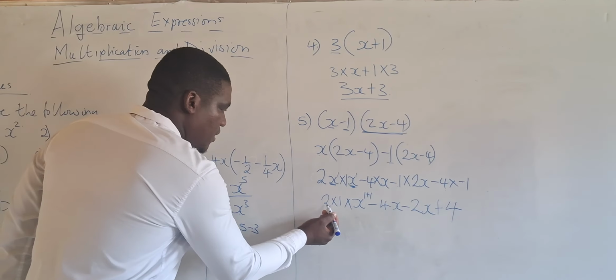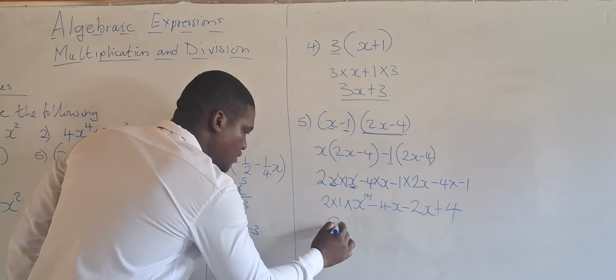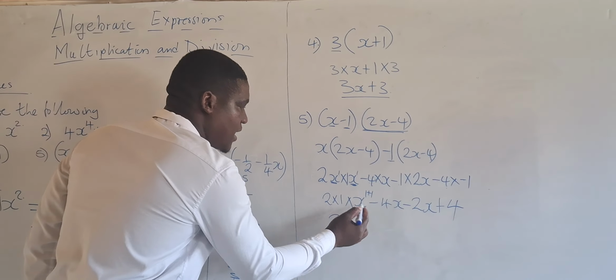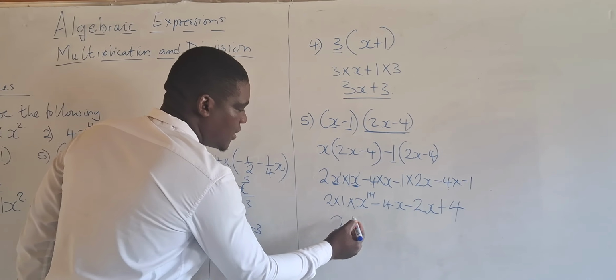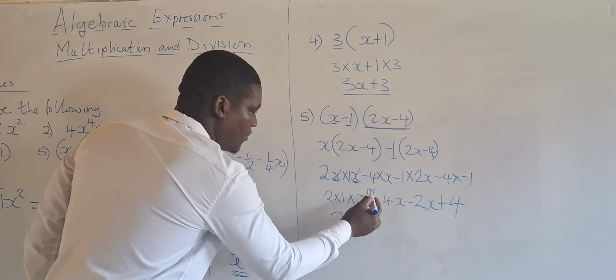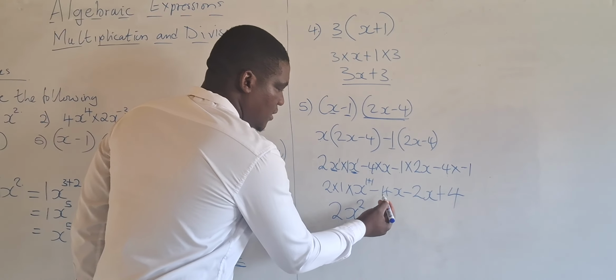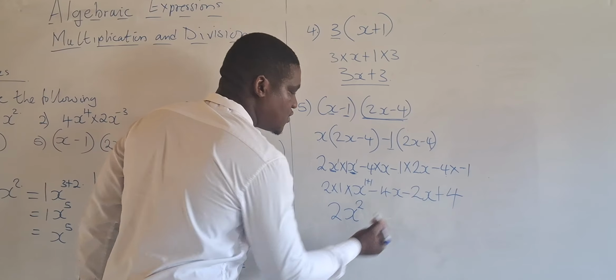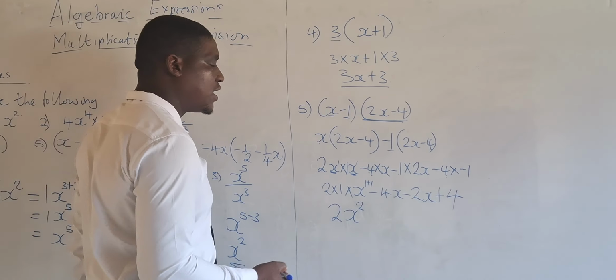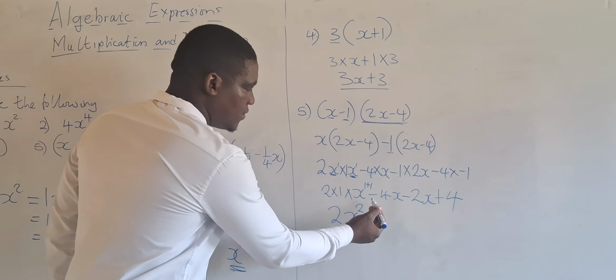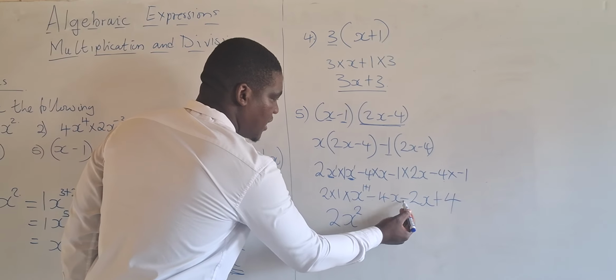Right. So we have 2 times 1 here to get 2. We have x to the power 1 plus 1, which means x to the power 2. So you have x squared. These are like terms, so you can add or subtract them. So we have minus 4x minus 2x.